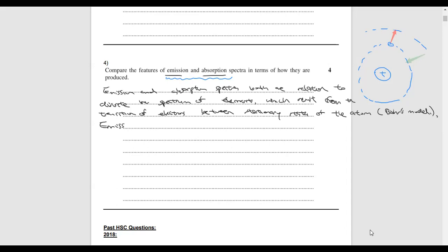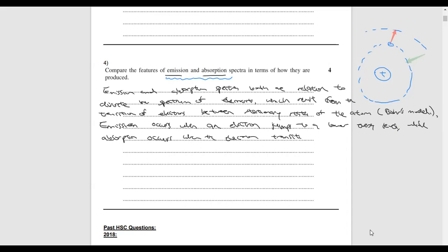Now, emission occurs when an electron jumps to a lower energy level, while absorption occurs when the electron transitions to a higher energy level.